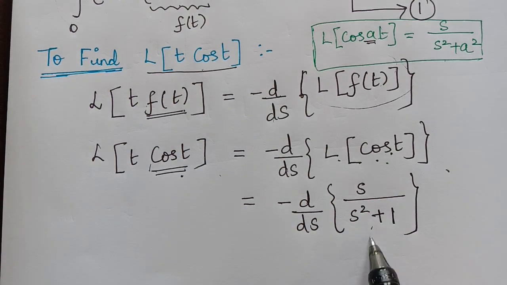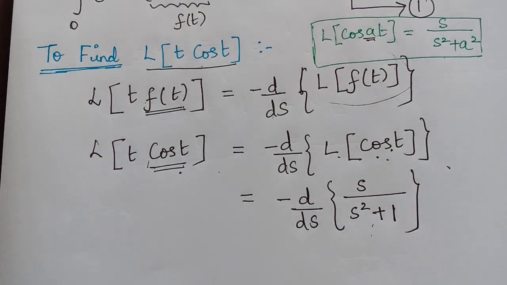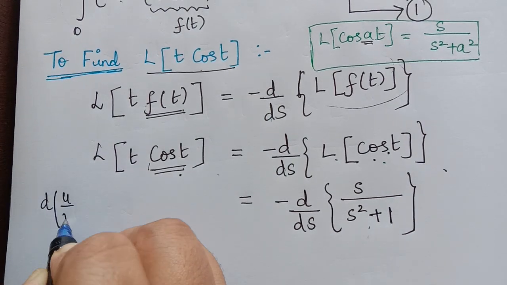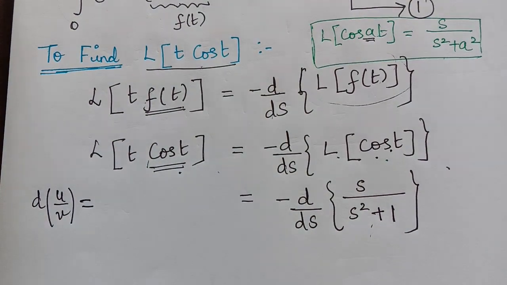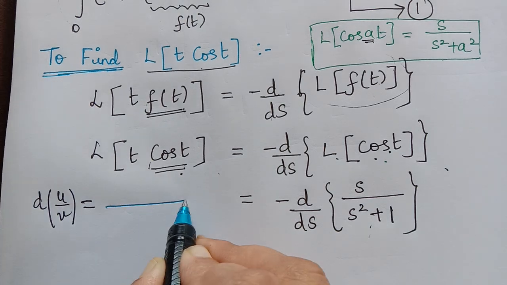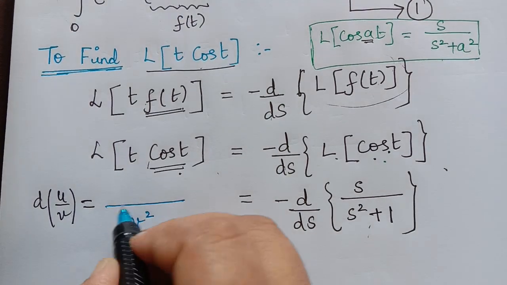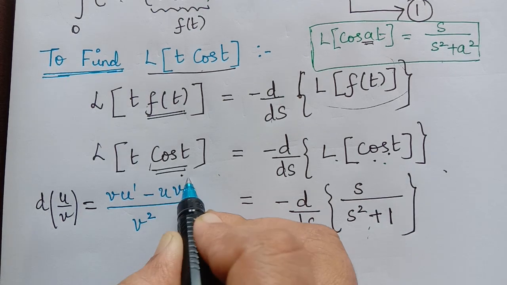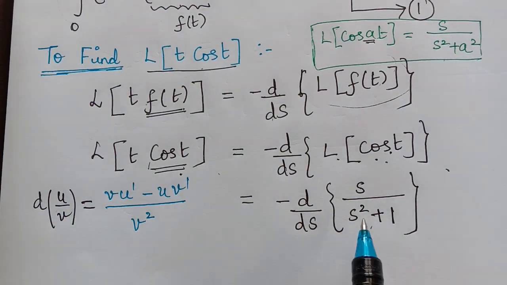Now we have to differentiate this by using the u by v method. We know that the differentiation of u by v is equal to, in the denominator we have v square, and in the numerator v multiplied with u dash minus u multiplied with v dash. So this formula we are going to use here.